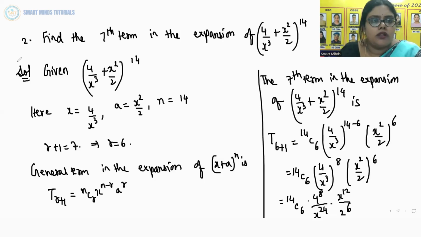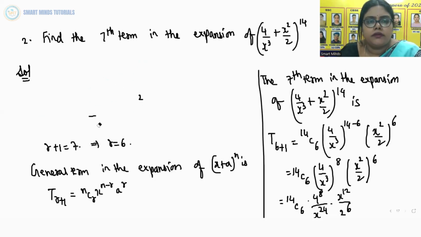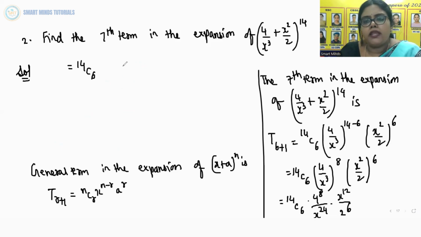Now we need to solve this further. So I'm just erasing this part. So we get that is equal to 14C6. 4^8 we can write as 2^16 by x^24 into x^12 by 2^6.